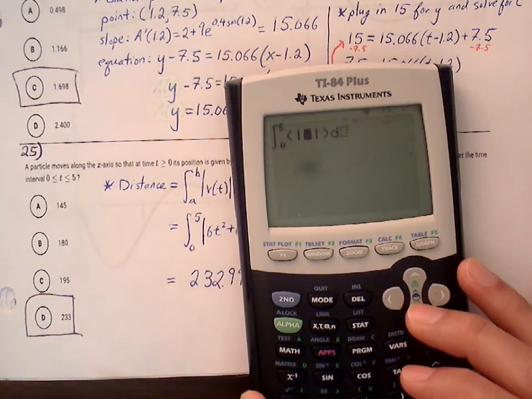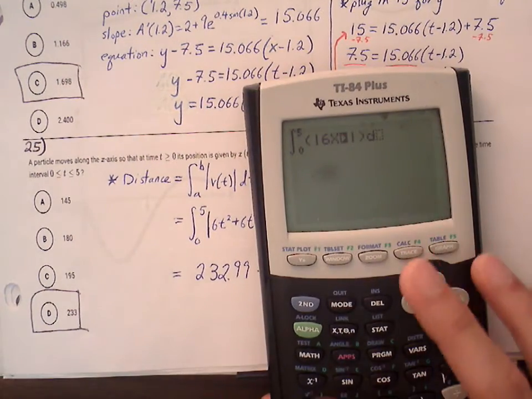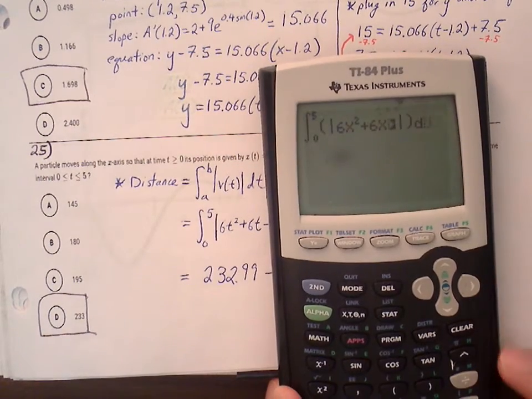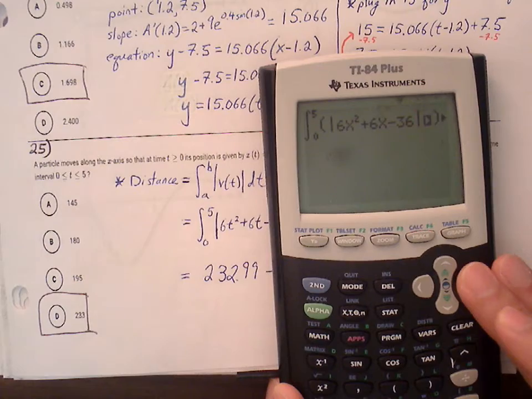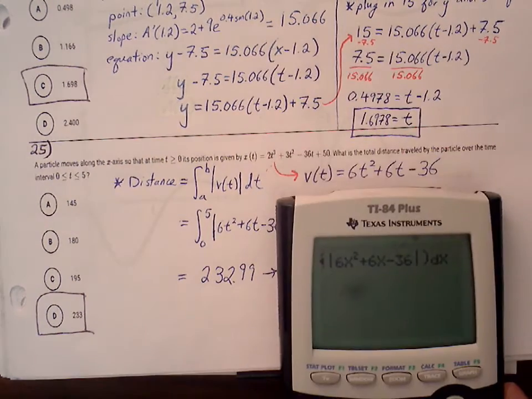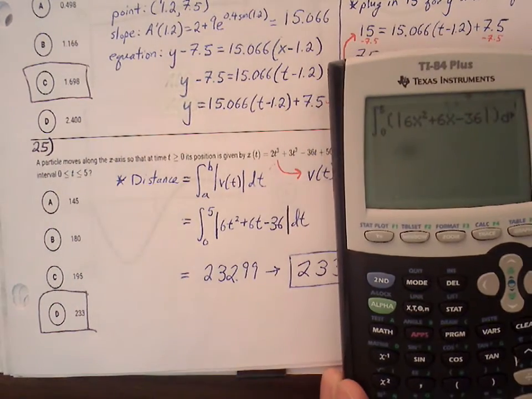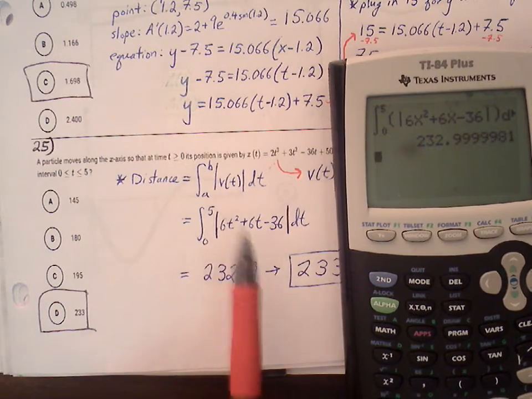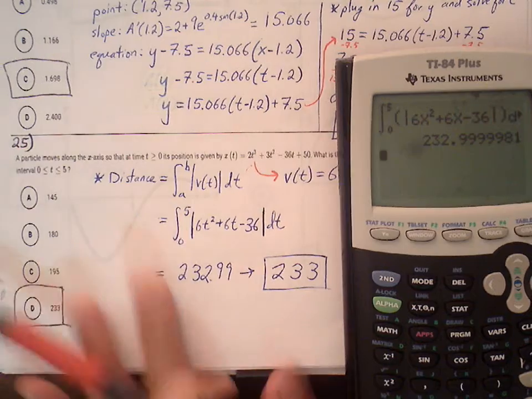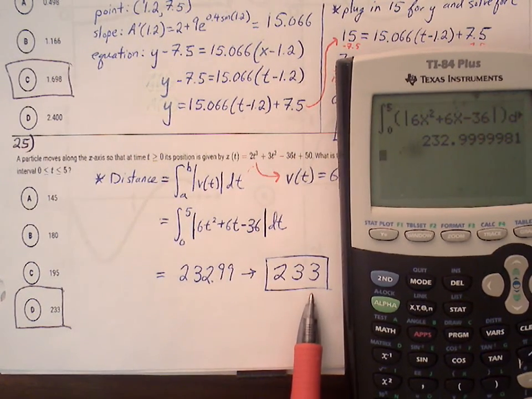So math number ABS, and then we can just type in that velocity function, 6x squared plus 6x minus 36. Close that off with dx. Hit enter. It may take a second, but that result will give us that total distance traveled by this particle in those two time intervals, counting all the places where it goes backwards and forwards. So 232.9 rounds to 233.